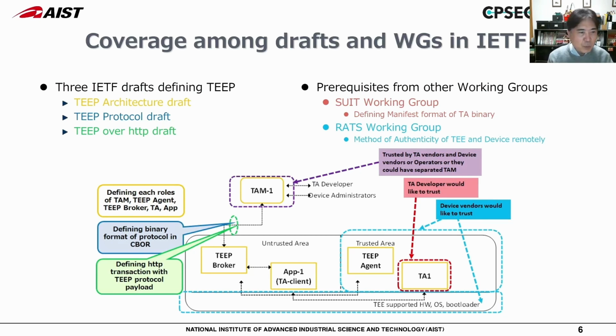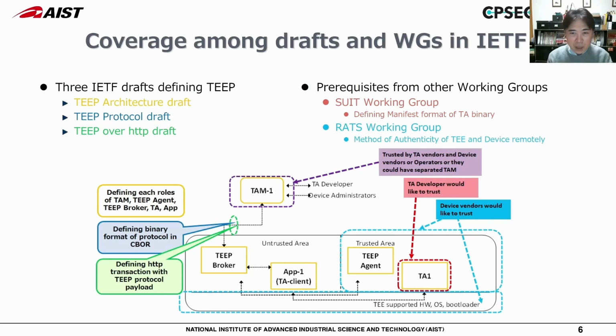And the green portion, the TEEP over HTTP draft, covers sending the TEEP protocol message over the internet. It doesn't have to be HTTP, it could be HTTPS. And honestly, the TEEP protocol itself doesn't have to be connected to the internet. It could be a USB device or something else in the future, but at the moment, these three combinations are discussed in TEEP.